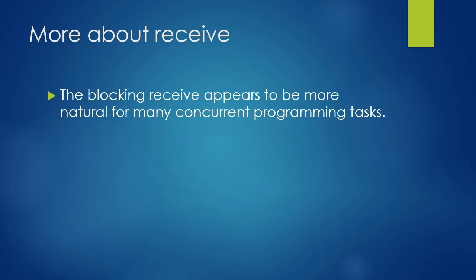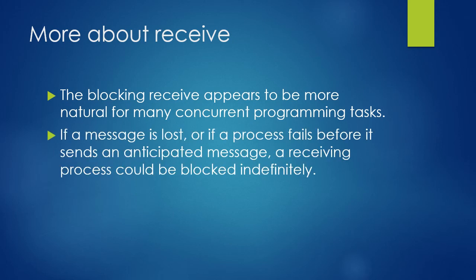For the receive primitive, the blocking version appears to be more natural for many concurrent programming tasks. Generally, a process that requests a message will need the expected information before proceeding. However, if a message is lost, which can happen in a distributed system, or if a process fails before it sends an anticipated message, a receiving process could be blocked indefinitely.